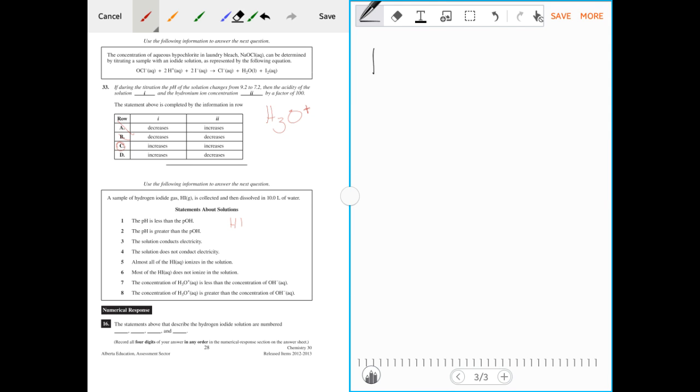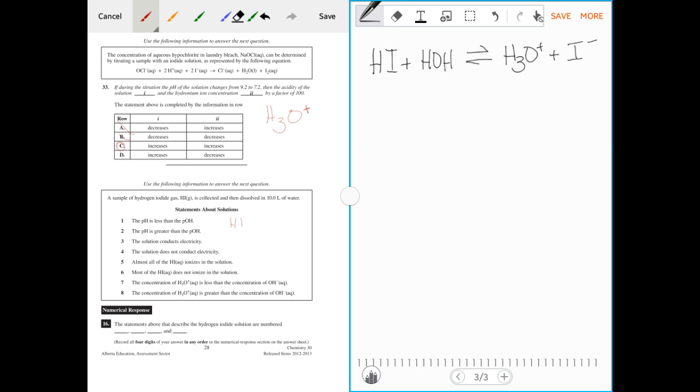So I have my hydrogen iodide dissolved in water. And remember that if we do that, we create H3O and I-.